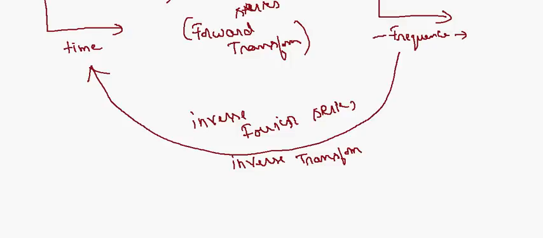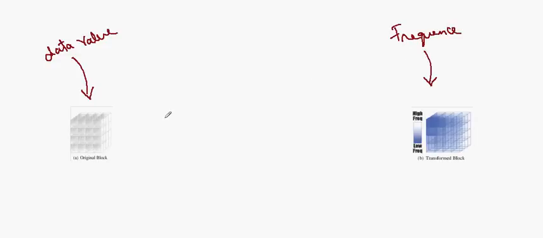I have a volume which has data values. So let's consider I have some data value and I want to transform it to the frequency domain. In case of the volume data, I will do the transformation using maybe a discrete cosine transform.